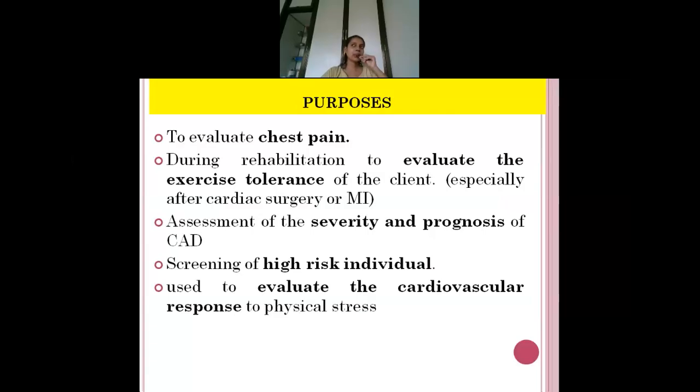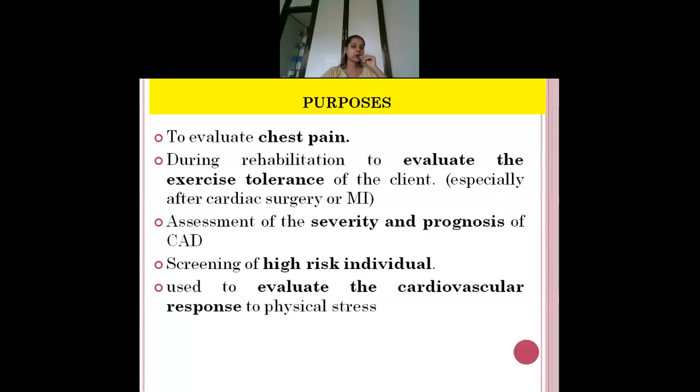For example, after cardiac surgeries or after a myocardial infarction, the ability of the heart to pump the blood doesn't remain the same. So they want to find out what changes have happened, and we perform the exercise stress test. Other than that, it is also done to assess the severity and prognosis of CAD. If a person has coronary artery disease, to know the severity of it, we can perform a stress test.